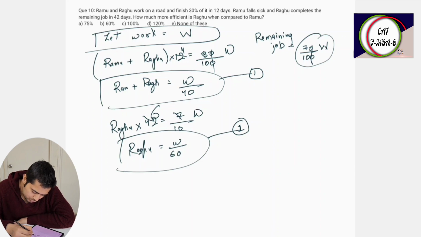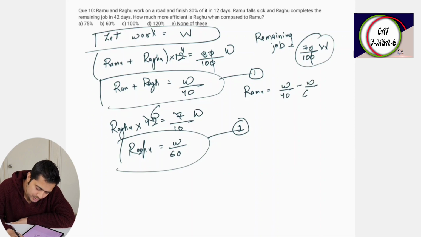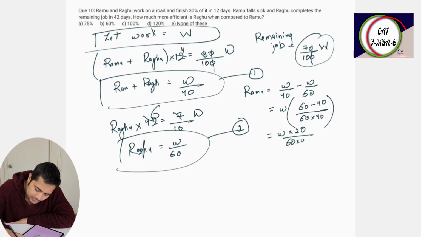Equation number 2. From here Ramu is equal to W by 40 minus W by 60, which is W into 20 by 60 into 40, that is W by 120. This is Ramu.